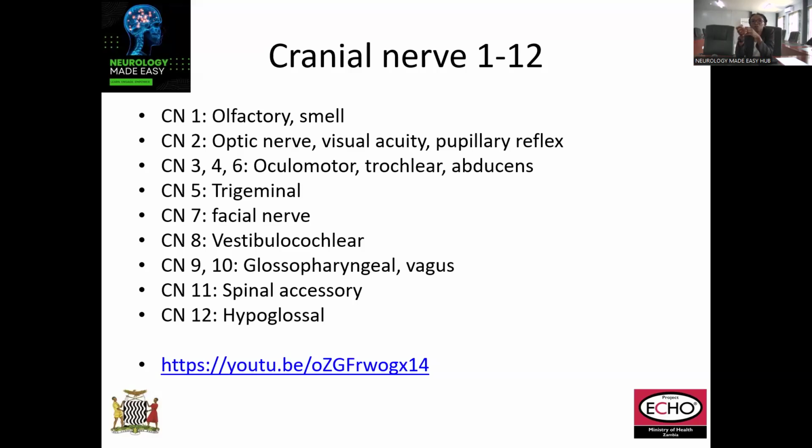Then the vestibulocochlear for your hearing, the glossopharyngeal and vagus are examined at the same time. So that's your gag reflex for 9. And the vagus, you look at the palate to see if it can rise when you ask the patient to say, ah. And then we have the spinal accessory nerve, which is responsible for the turning of the neck side to side. And then, of course, the hypoglossal, which is responsible for the activity of the tongue.